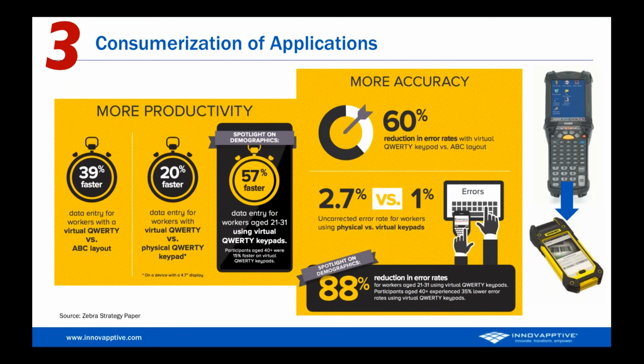And the other thing you'll notice is quite a big difference between the demographics as well. The younger workforce obviously takes up new technology faster than older workers generally. Therefore, the younger workforce actually gets even faster using the newer devices.